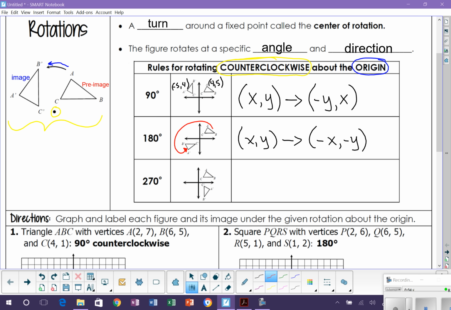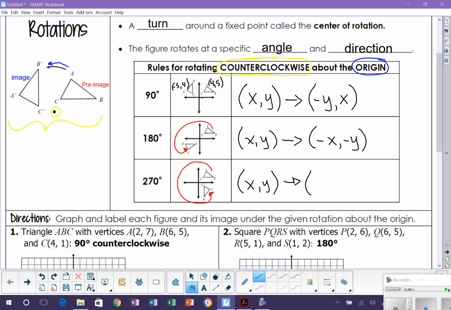Okay. Now for 270, again, you start with your point. So you're starting here, and again, counterclockwise, you're rotating it all the way around to there. And so if you're doing that, your x from here to there, does it stay the same? Interesting.